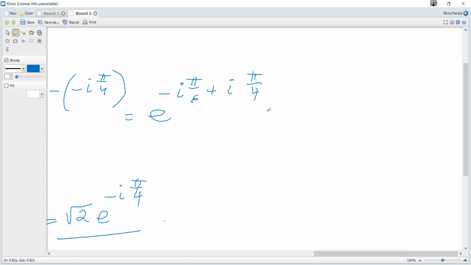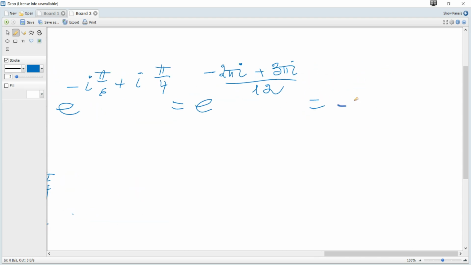So let's write it. So it becomes negative 2 pi I plus 3 pi I, and you can see that it becomes e to the power of what?